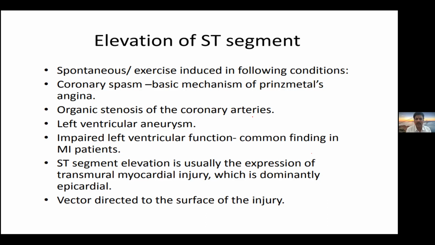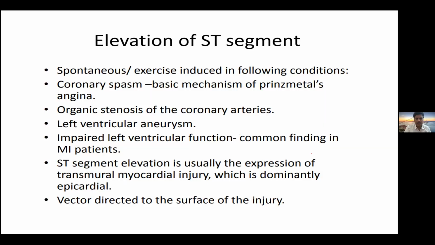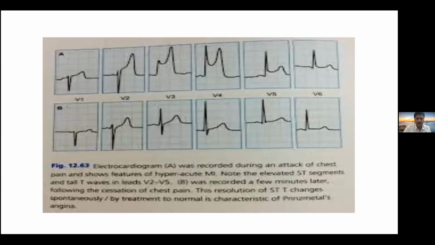And most of the time, we are dealing with organic stenosis of the coronary artery, which can cause ST elevation MI. So this is how transient ST elevation will happen.